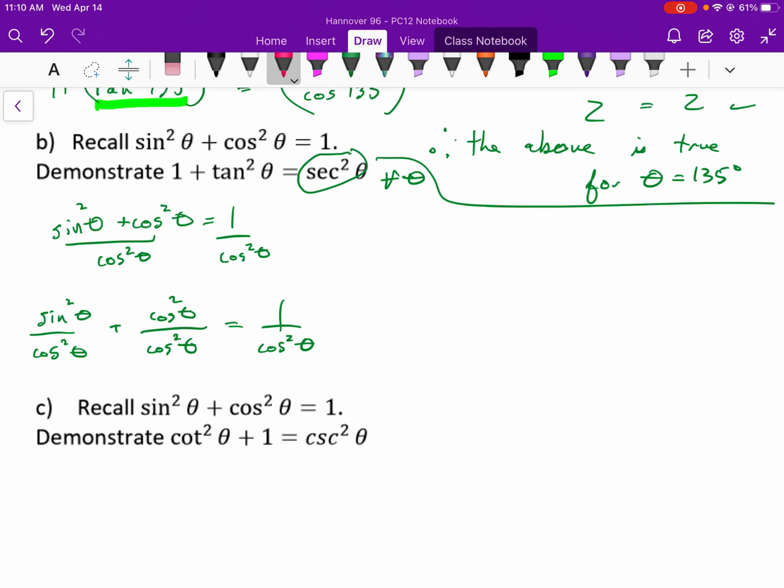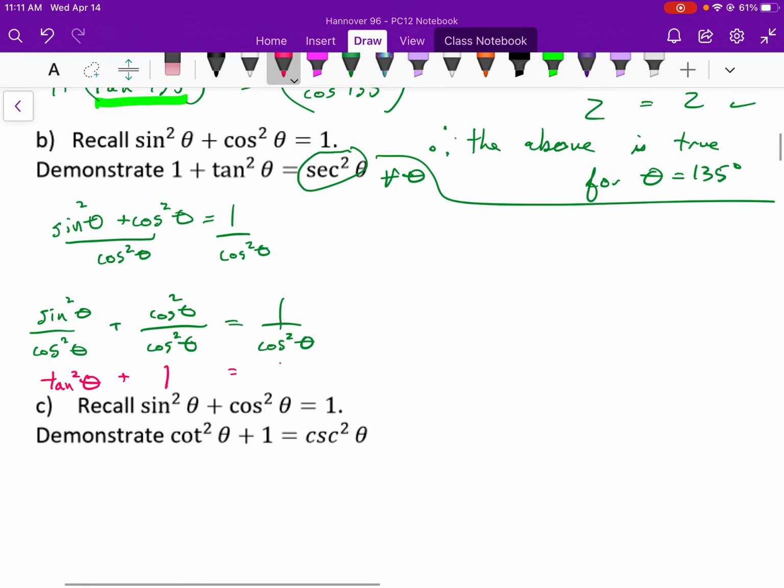Yes, I got it. So now, sine squared theta divided by cosine squared theta is tan squared theta. Cosine squared theta divided by cosine squared theta is 1. 1 over cosine squared theta is secant squared theta.